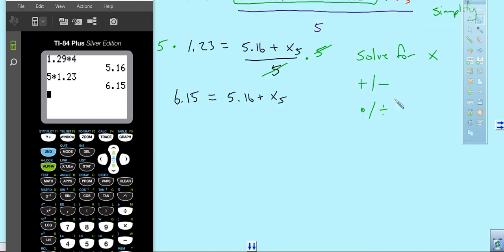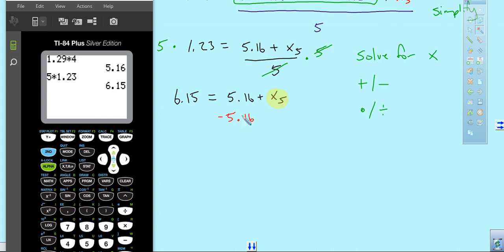We're getting closer. We're still solving, using these inverse operations. In this case we have addition, but we're not trying to move the x sub 5. We're trying to get the x sub 5 by itself. That means we're trying to move this $5.16 to the other side. The way we undo a positive is by putting a negative. That's a kind of confusing concept, but think about your bank account.